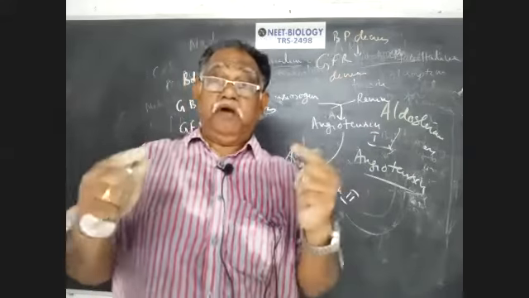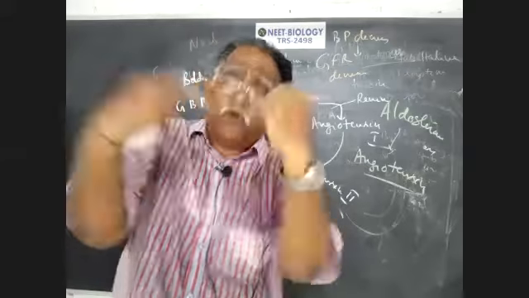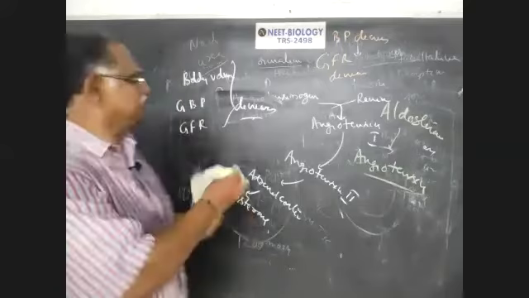Suppose blood pressure increases, GFR increases above the normal range, what happens? There is a counter mechanism.